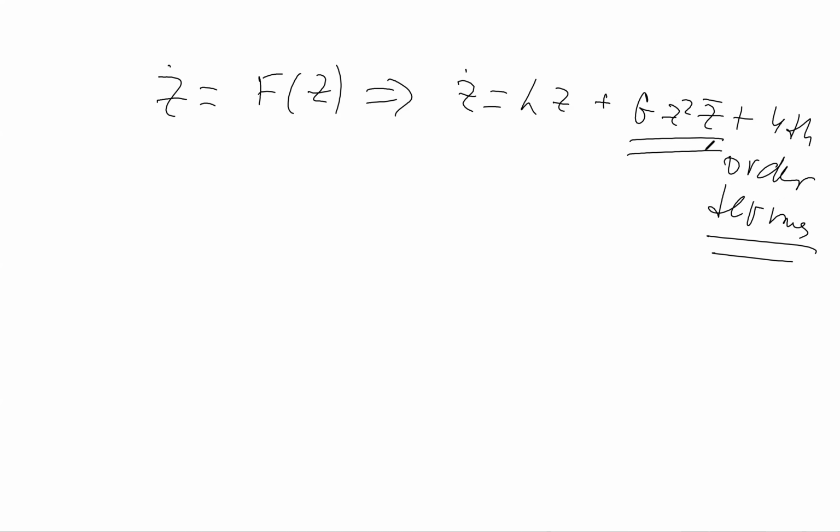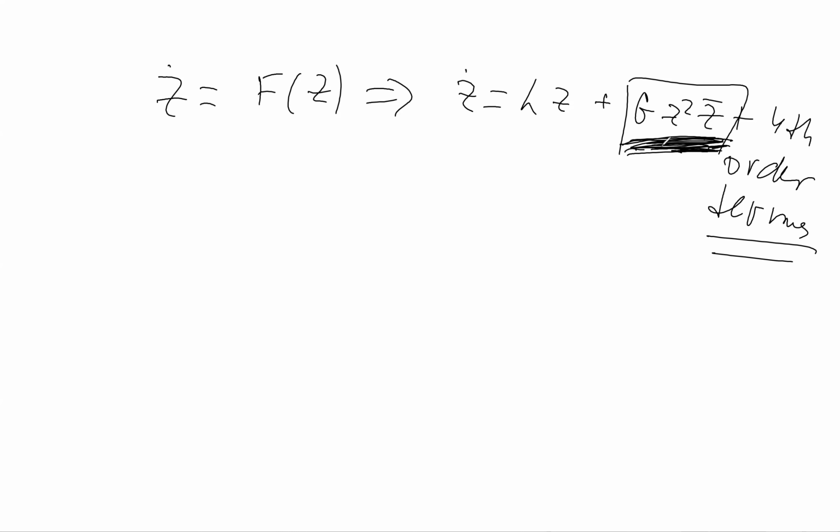If we have second order terms, we should make three changes of variables, and in each of these cases we can get this kind of term, z squared times the complex conjugate of z. Then if we have cubic terms, in addition to this we have three other cubic terms. And for each of them, when we try to get rid of them, I think we can get this, maybe not, I don't remember.